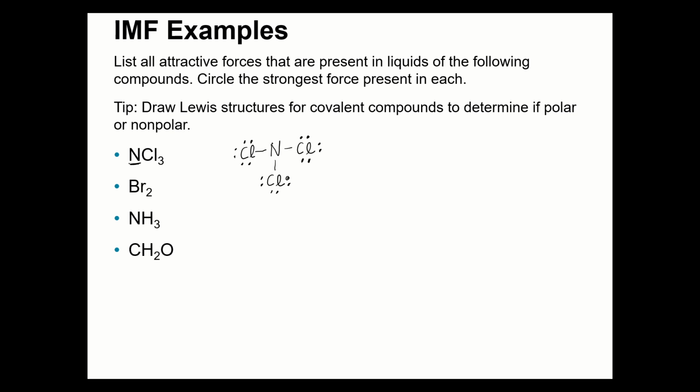It's already got the three bonds to the three chlorines, and we add one lone pair. If you count up all of the total valence electrons and double check, you would find that you've used exactly all of your valence electrons, everything has an octet, and the formal charge would be 0 for all of the atoms. But you can go practice that on your own.